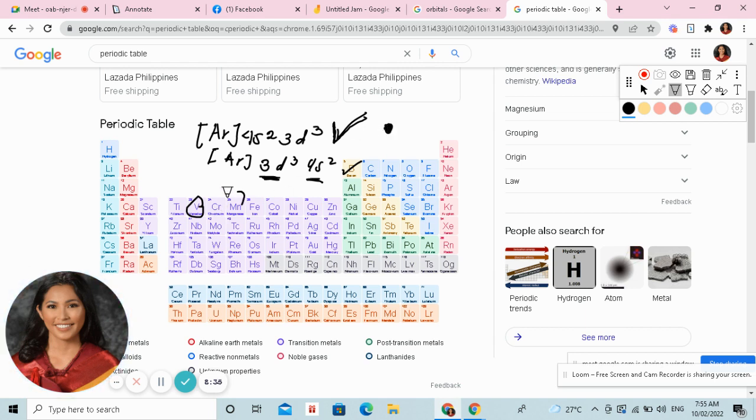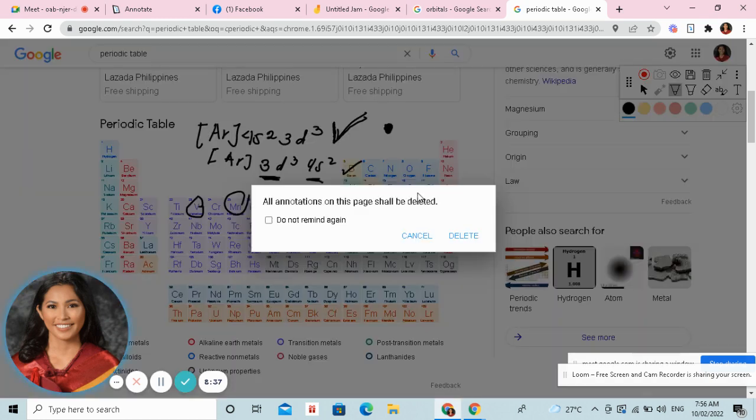What about Mn? What is the electron configuration of manganese?